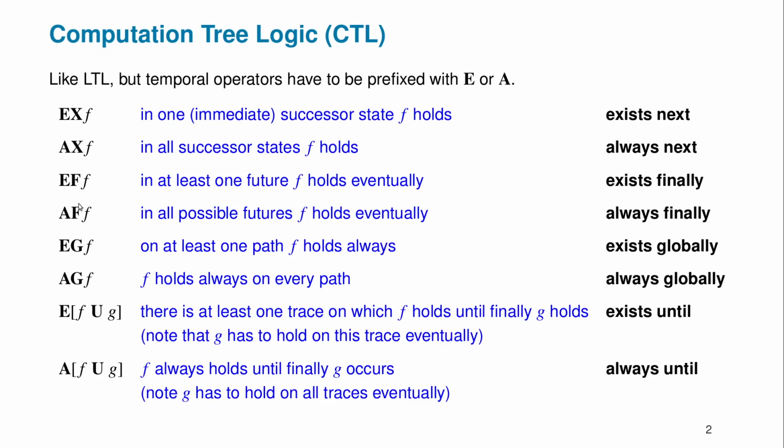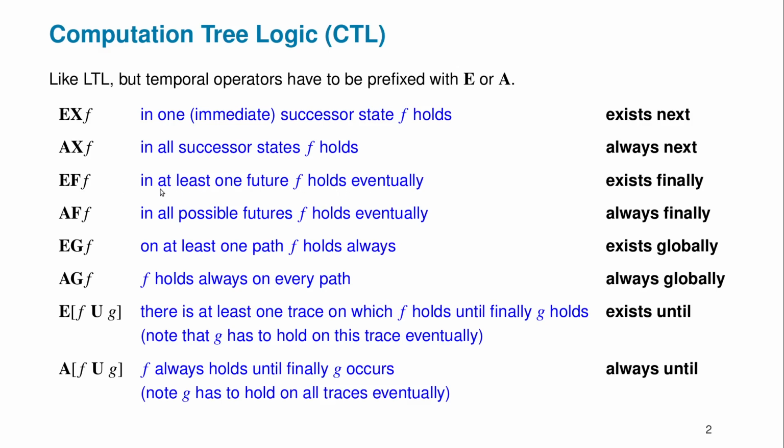And in a similar way, we can also annotate finally and globally, so we get exists finally F and always finally F in CTL. EF, exists finally F, says that in at least one future F holds eventually.